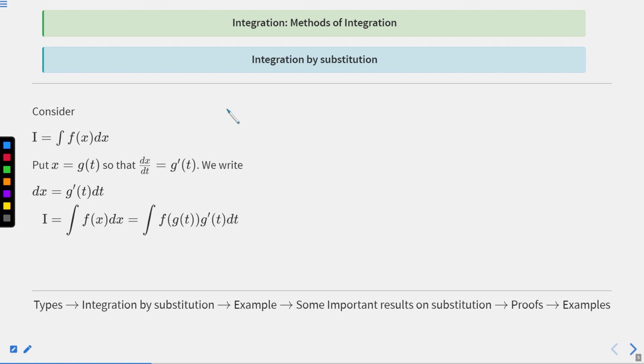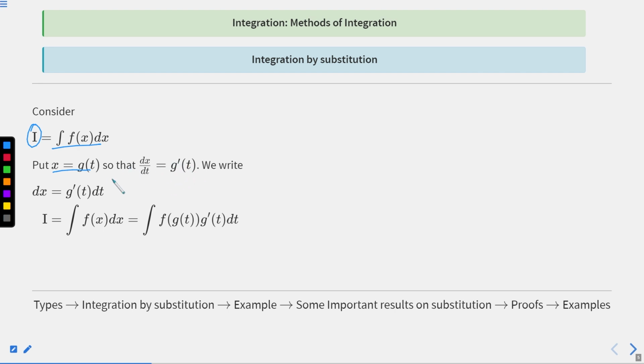If you are given some I, meaning I is equal to the integral of f(x) dx, then putting x equals g(t), this means dx by dt is equal to g'(t), that is dg by dt.